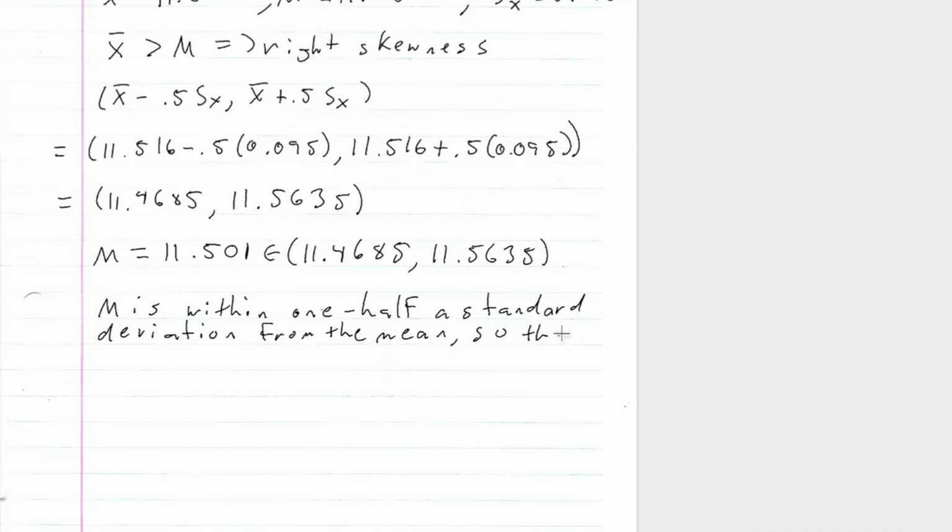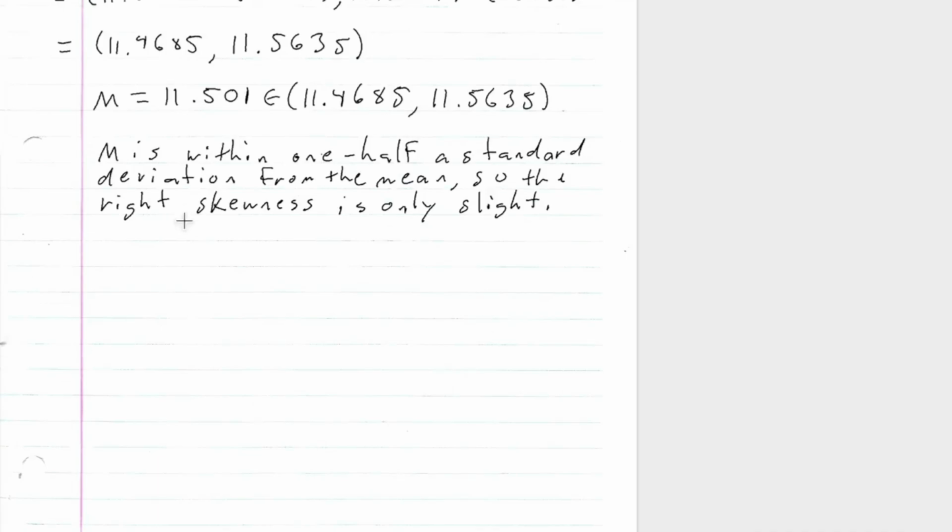So the right skewness is only slight. All right, so this means the distribution is normal enough, right? The distribution is close to normal.